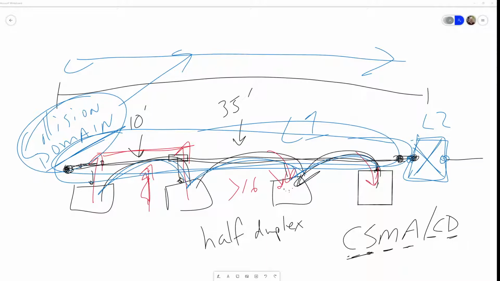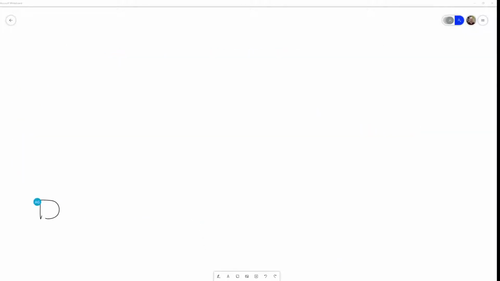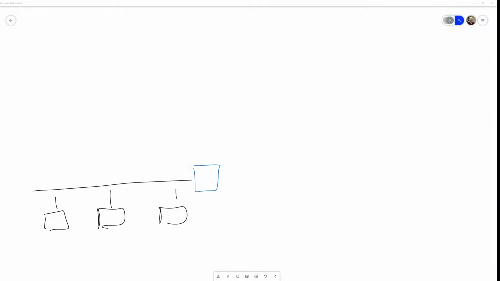Now, when we take this a step further, we had multiple computers. Let me just draw these as circles. Or let me position myself a little bit better so I can draw faster. When we had multiple computers with T-connectors and Thinnet, and we had the bridge in here.